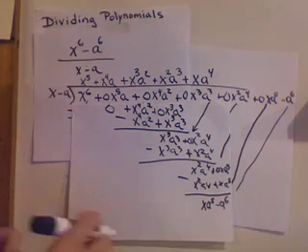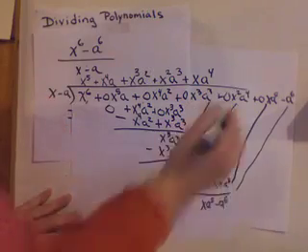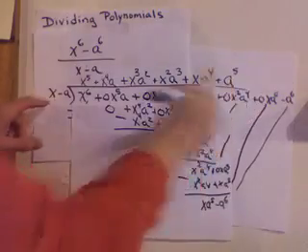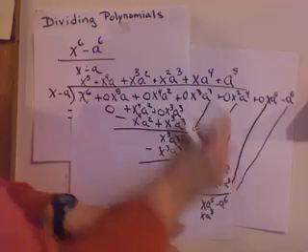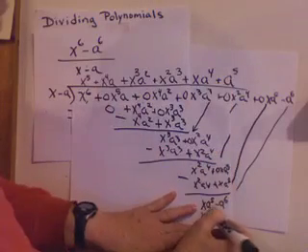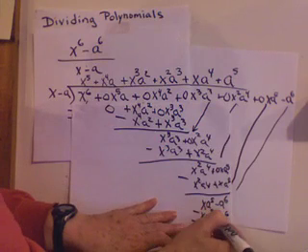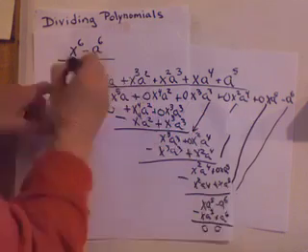I think that would be a to the fifth. Let's try it. A to the fifth times x, x a to the fifth. A to the fifth times a is negative a to the sixth. Draw the line, change the signs, 0 here, 0 here.